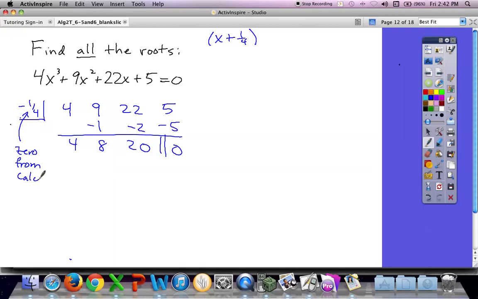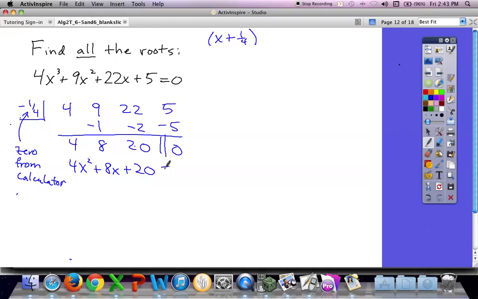All right. Now, what do these numbers represent? 4x squared plus 8x plus 20. So if there are 2 more zeros, they're coming out of there, right?